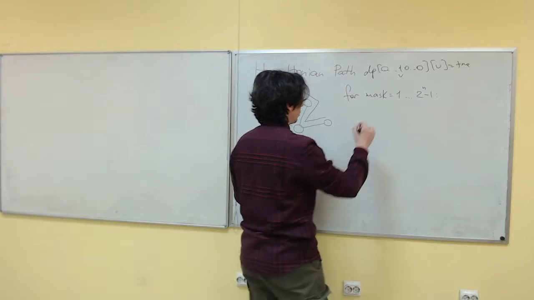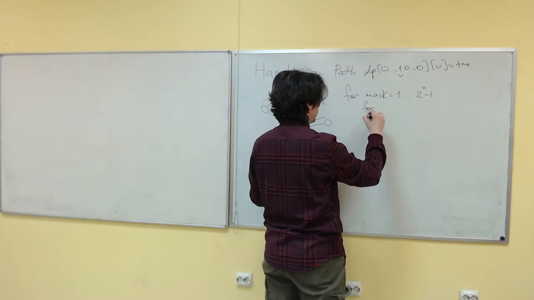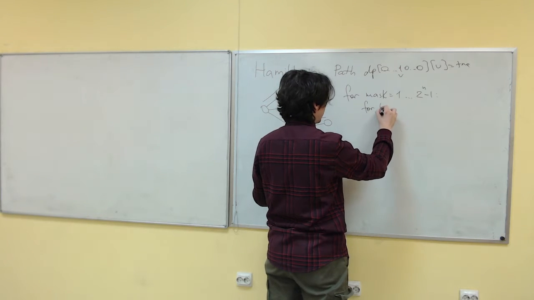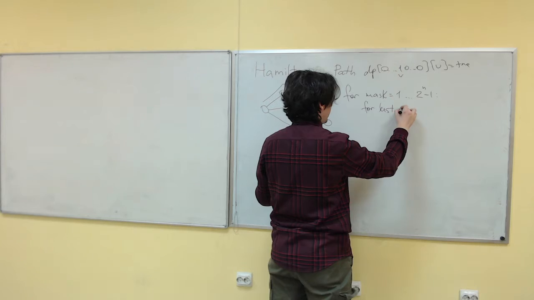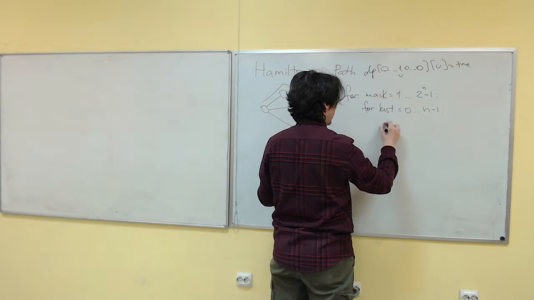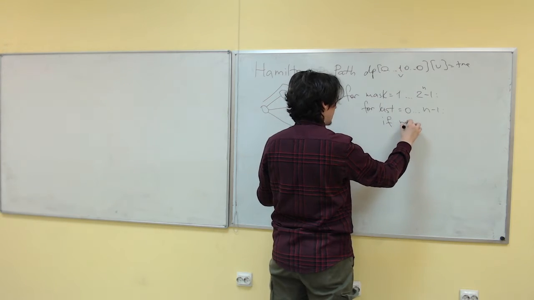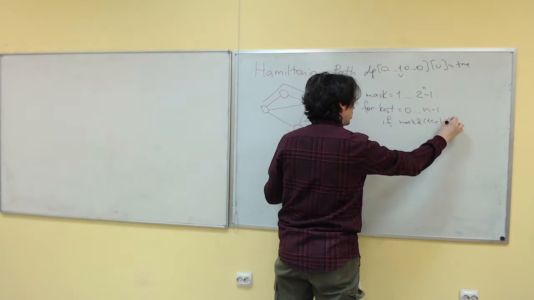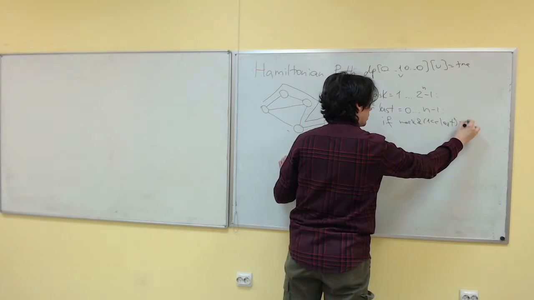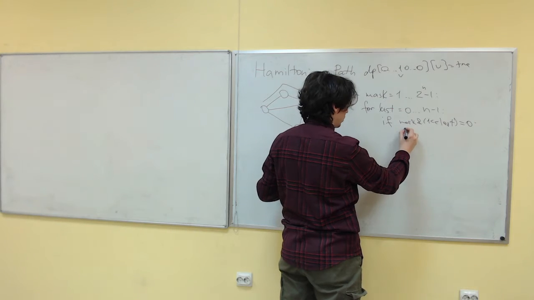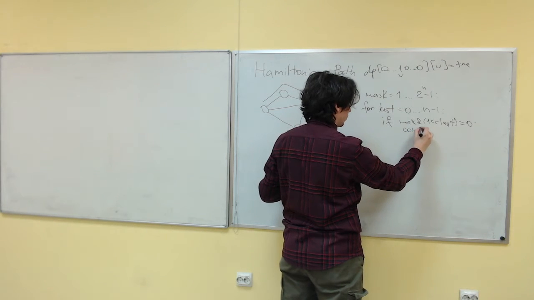Then for last equal to 0 to n minus 1, if mask and 1 shifted by last equals 0, then last is not in this mask, so we continue.